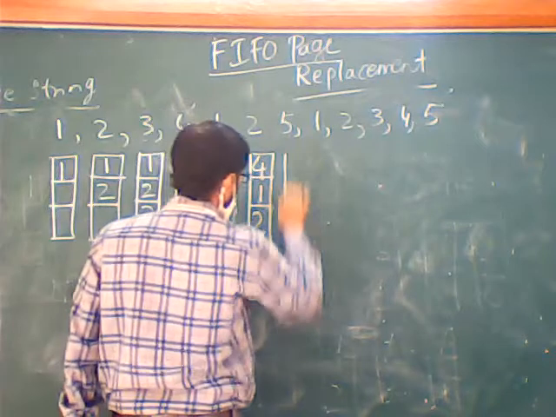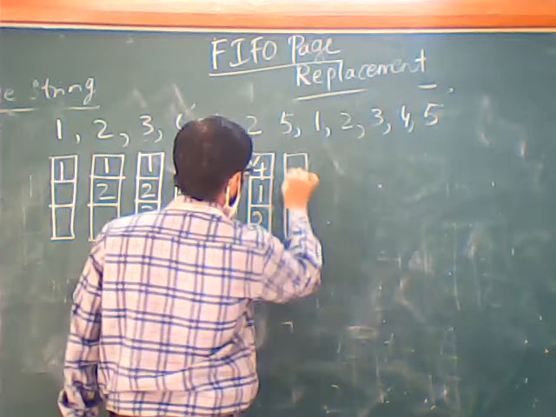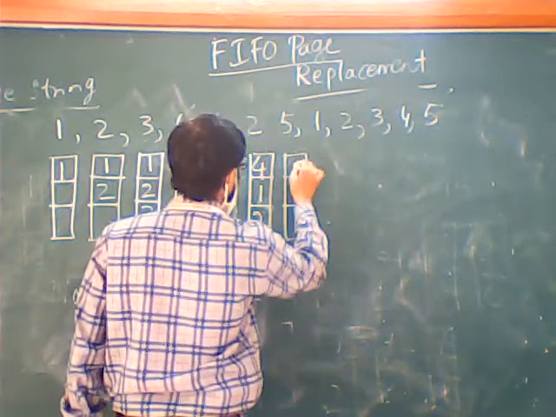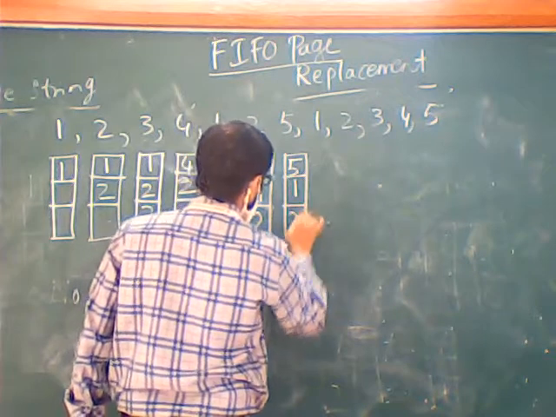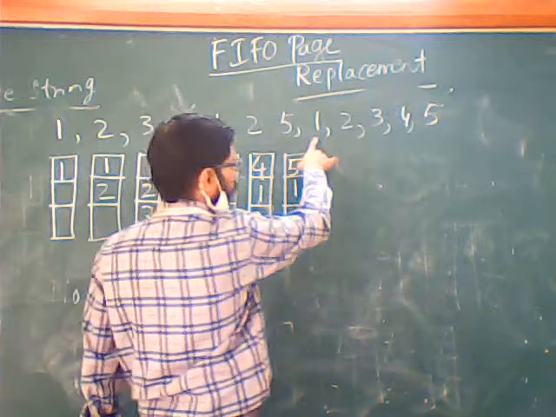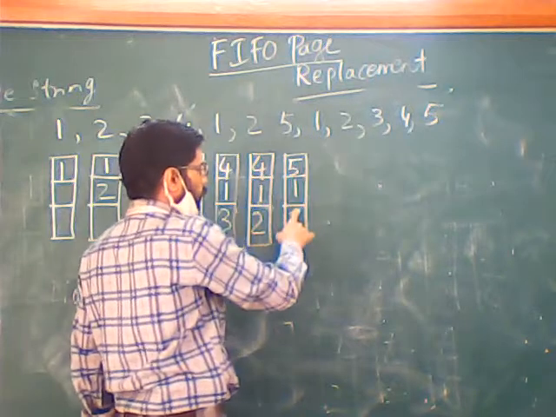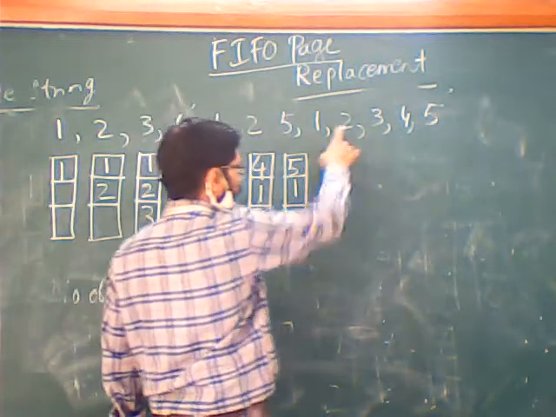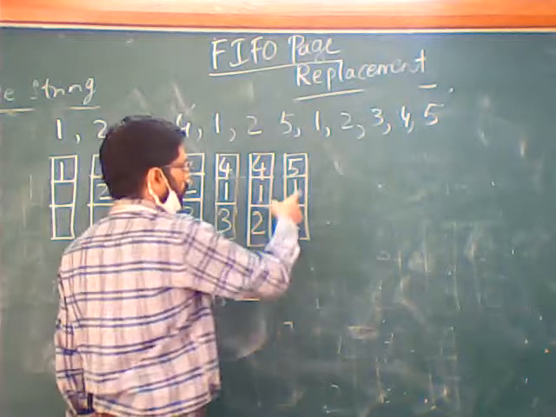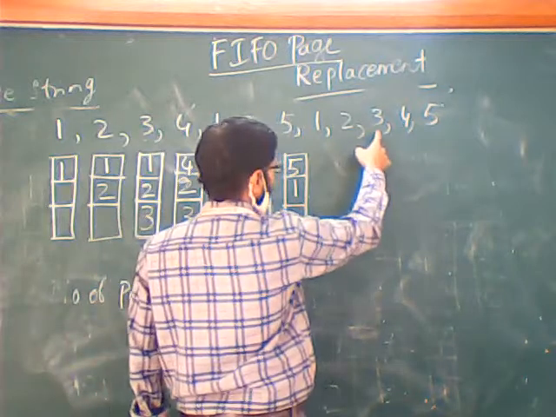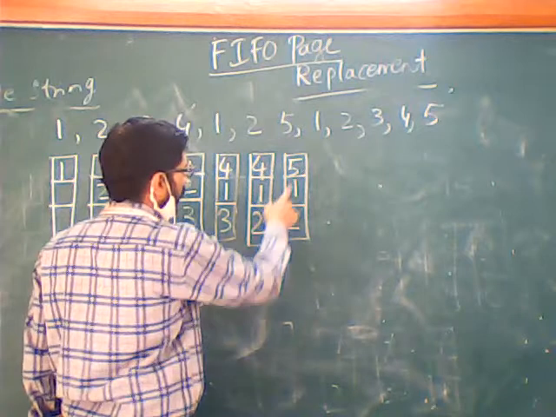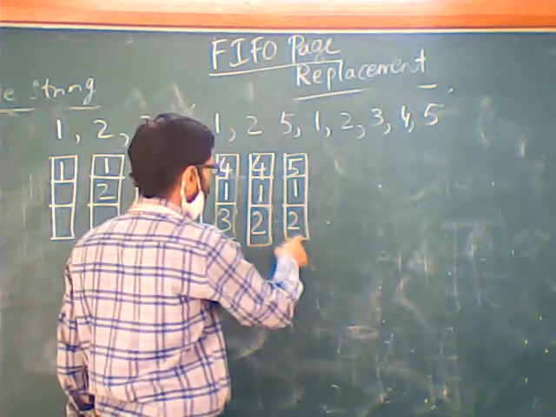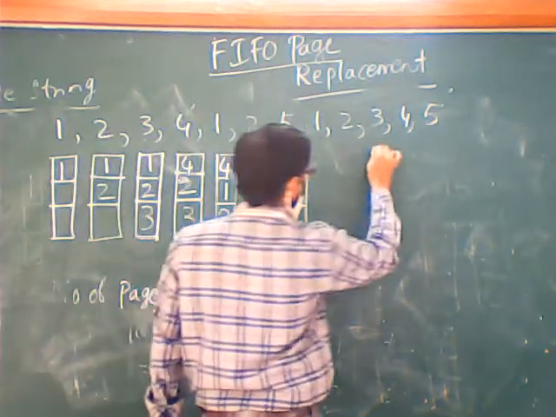No. Again we need to replace, and it becomes 5, 1, 2. Now 1 is already there, no need to replace. Check for 2. 2 is already there. Go for 3. 3 is not there. Which do you need to replace? Out of 5, 1, 2, which is at first? 1.